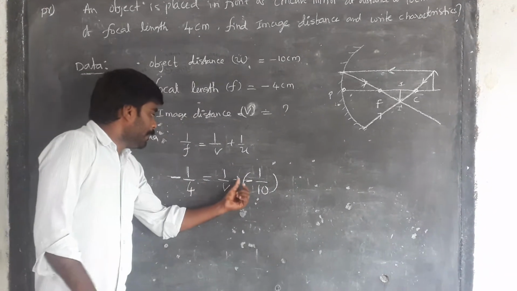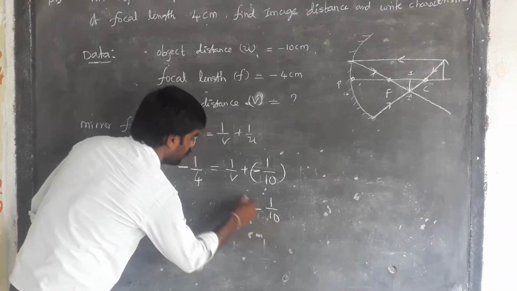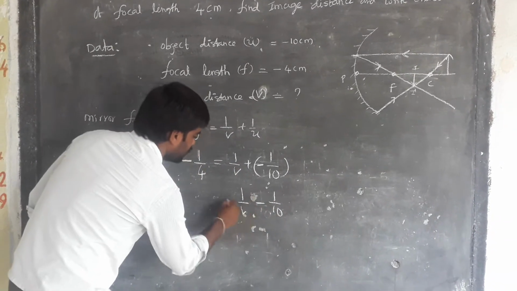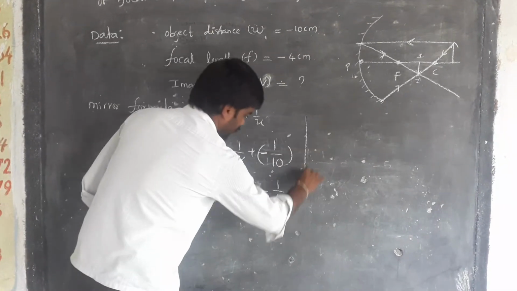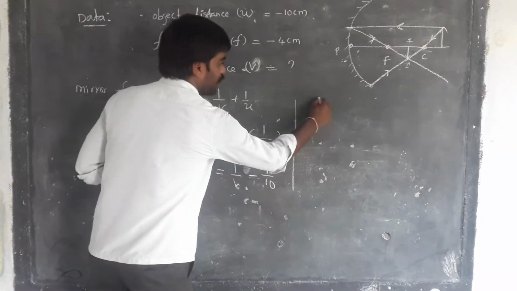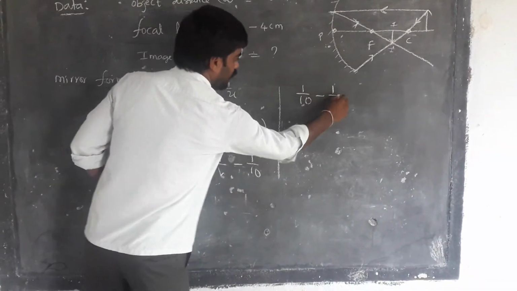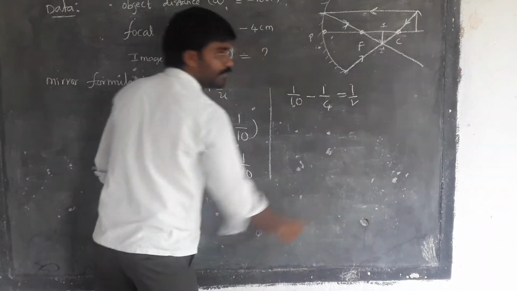Then plus into minus 1 by 10. 1 by v is as it is, that is equal to minus 1 by 4. Here we should take this value to the right side. Then we can get 1 by 10 minus 1 by 4, that is equals to 1 by v.